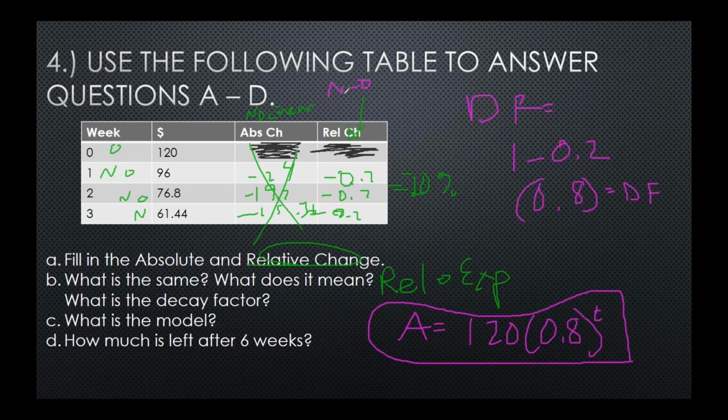Remember, new minus old divided by old. If we're looking at this spot right here, using these values, this one is new and this one is old. So we would take 96 minus 120 divided by 120, which would simplify to negative 24 divided by 120.